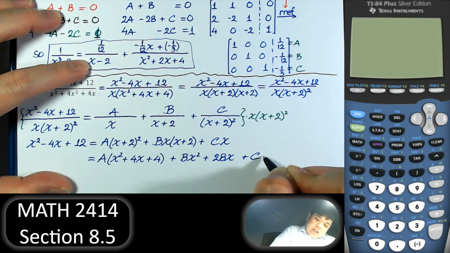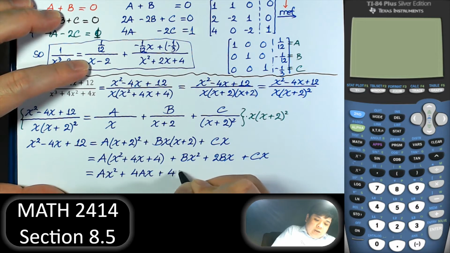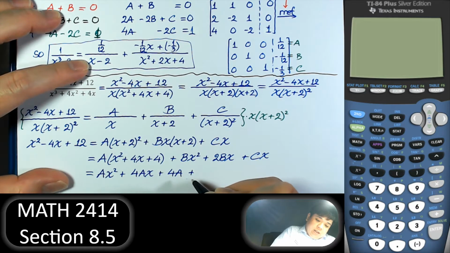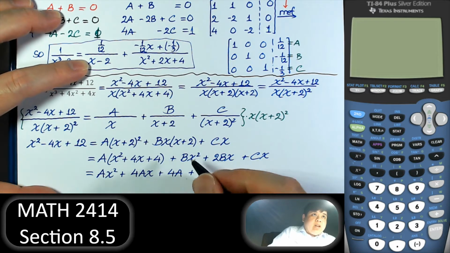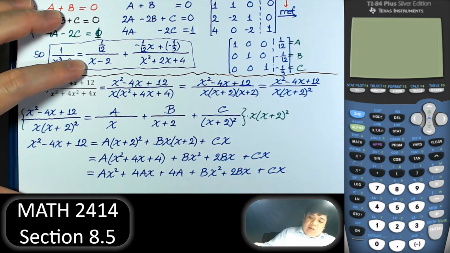And then Cx. Right, multiply one more time. Ax squared, 4Ax, 4A, Bx squared, 2Bx plus Cx.